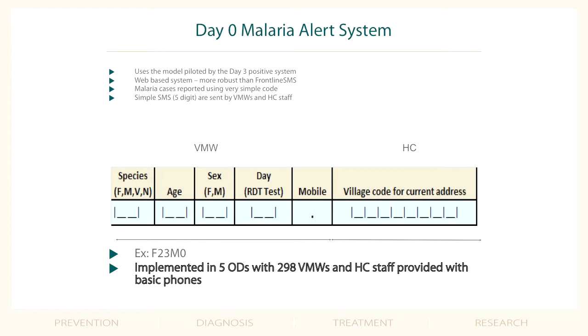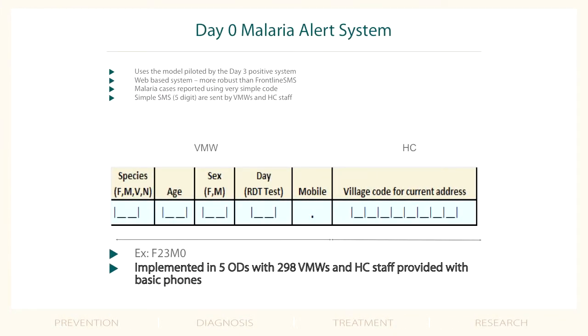And the fifth part means whether the patient that we test is located in the same village or has migrated from another village. If so, it means a migrant patient. And this one is a village code.